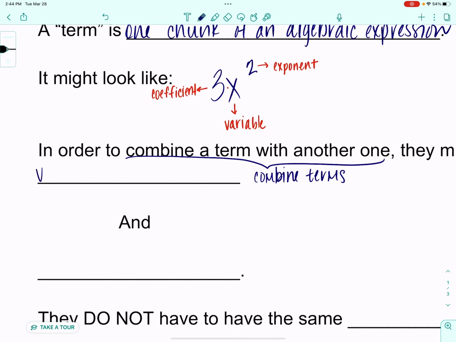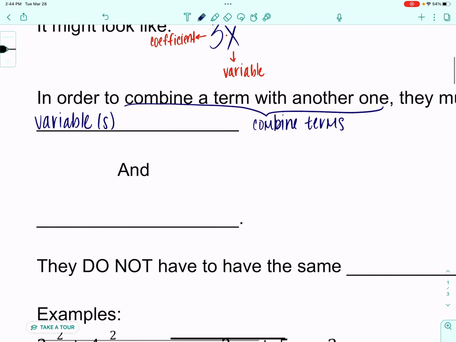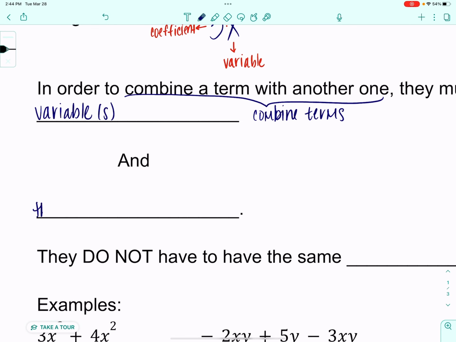They need to have the same variable or variables. They might both have x's, they might both have y's, or maybe they both have an x and a y, but the variables have to match. And if there are exponents, the exponents on the variables have to match.